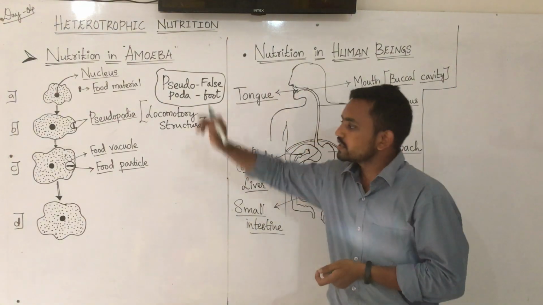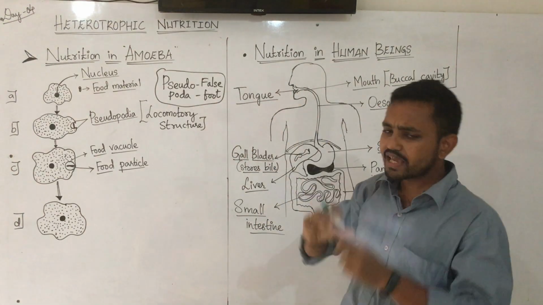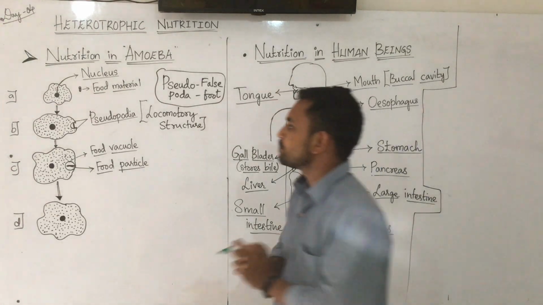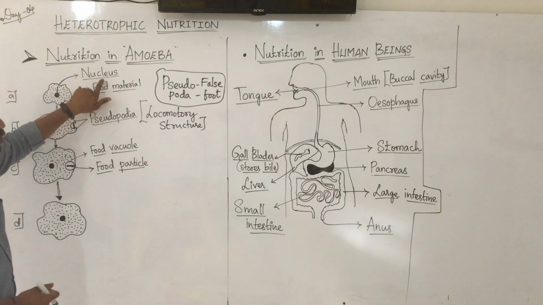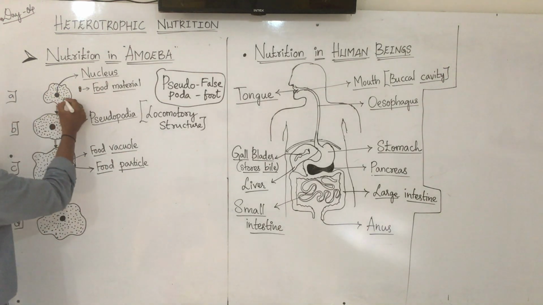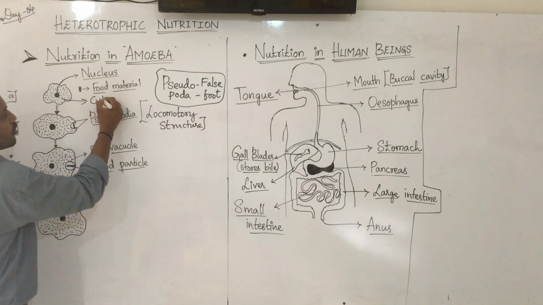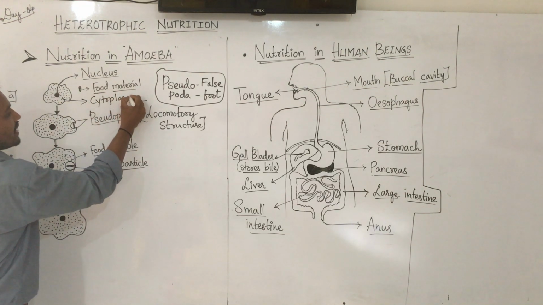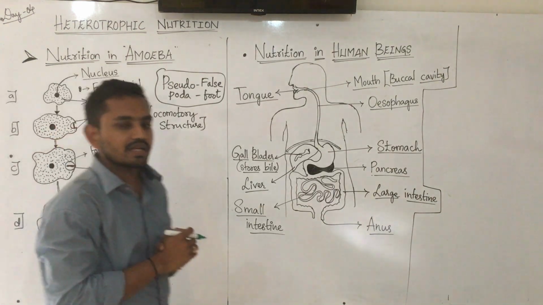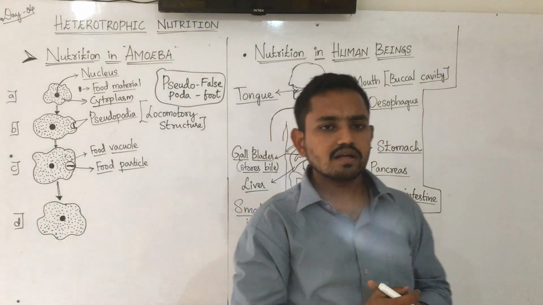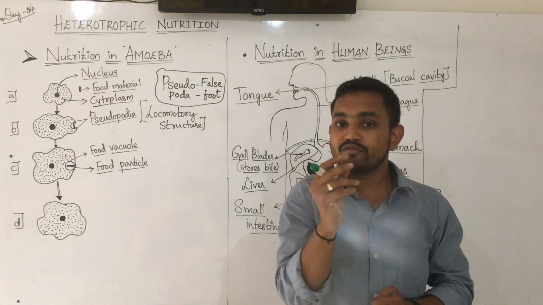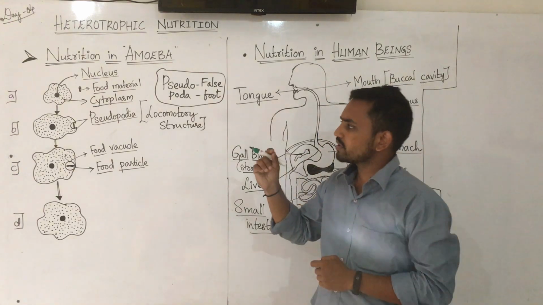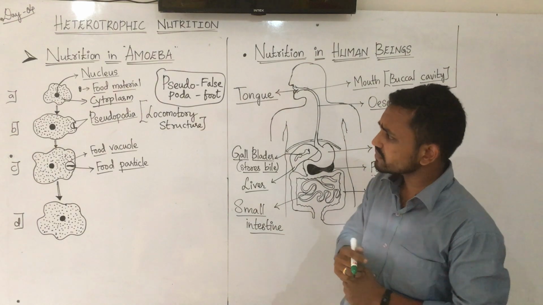See here, in this diagram we can easily come to know that this is the animal we call amoeba. It has a true nucleus, and this is considered the cytoplasm. In the earlier class you learned that cytoplasm is a jelly-like substance, and it contains enzymes.